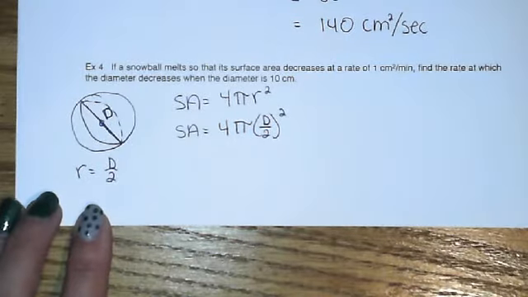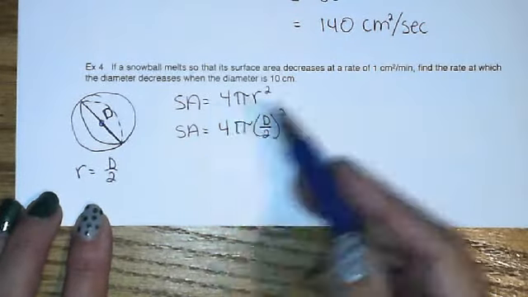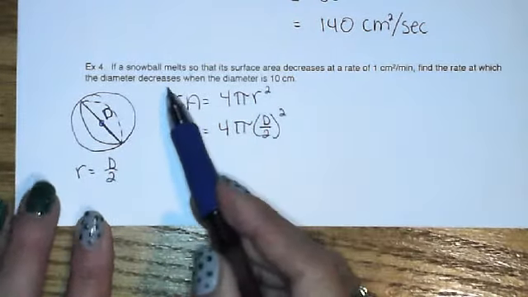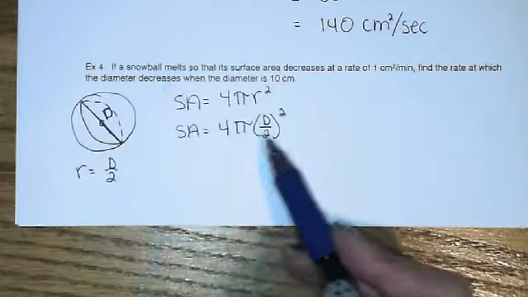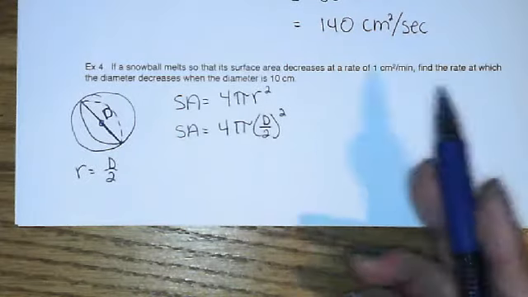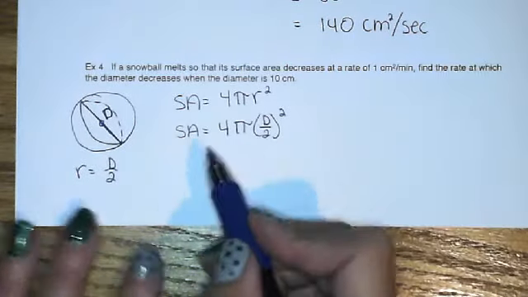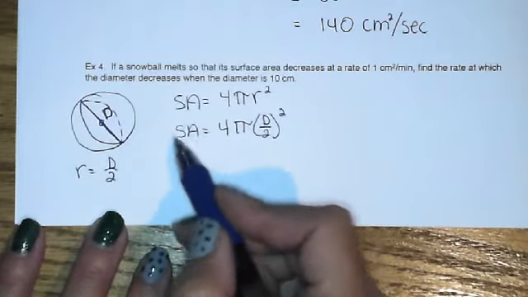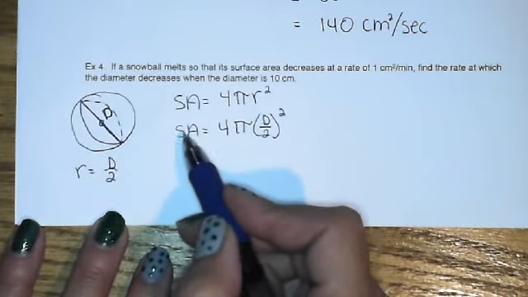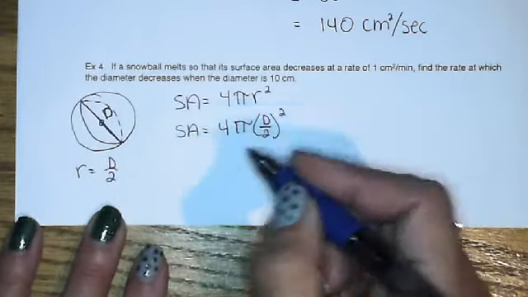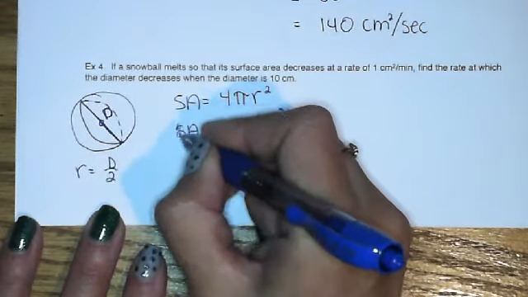So my surface area equation is 4 pi (d divided by 2) squared. So you have to have a little bit of foresight to see what you need in your equation.